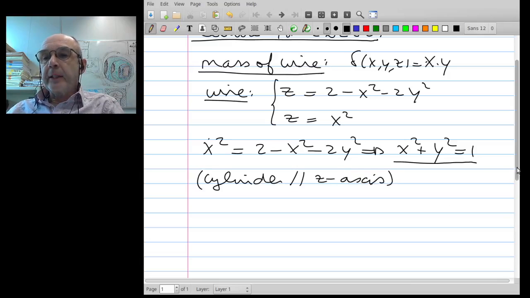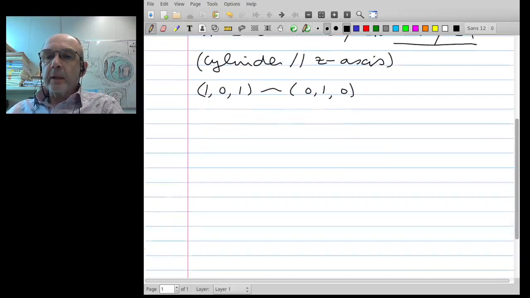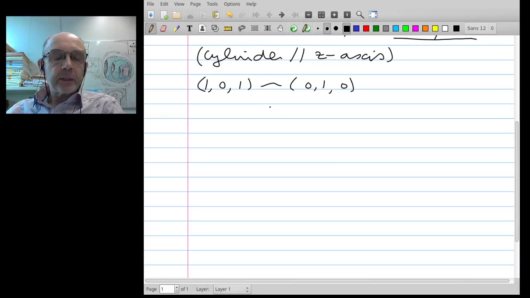And then you have also the parabolic cylinder, and I think that is easier to make some sketch of the curve of the wire of which we have to calculate its mass. Given are the points (1, 0, 1) and the point (0, 1, 0). Now let's make some sketch.